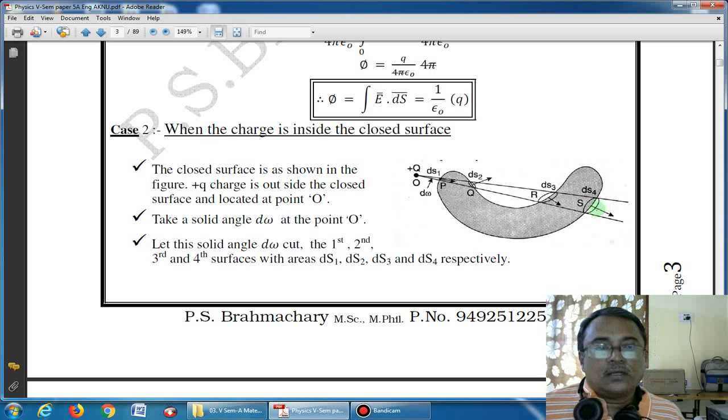Always the aerial vector is to be taken normal to the surface and outside the surface.